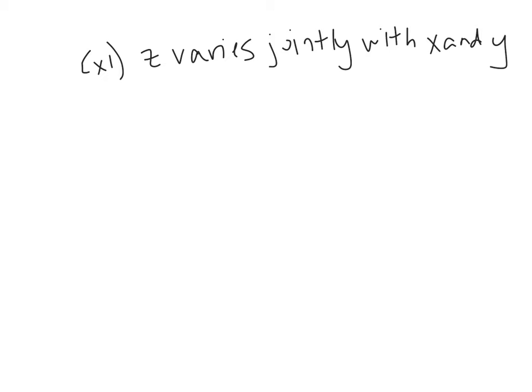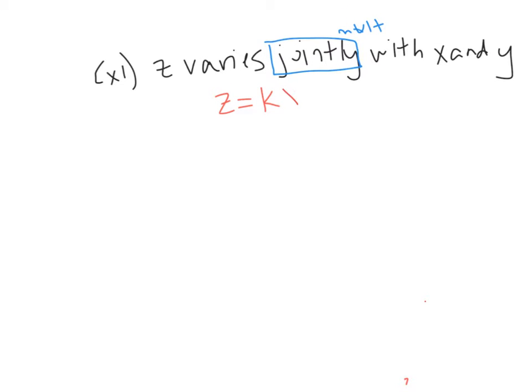So z varies, so that means z equals. Jointly, what do we think of when we think of the word jointly? Multiply. So we're going to have some constant k that we are multiplying with x and y. And that's our mathematical sentence.